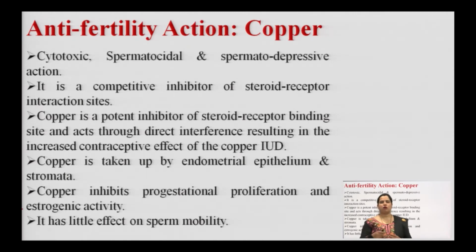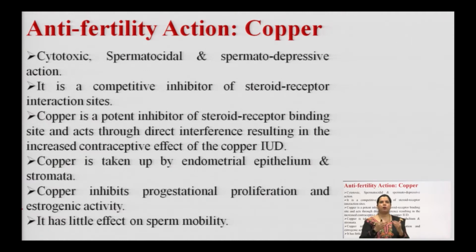Copper is taken up by the endometrial epithelium, the layer of the uterus, and the stroma, the second layer. So, the endometrium takes up this copper and there the copper starts showing its effect. Copper inhibits progestational proliferation and estrogenic activities, which are phases in the menstrual cycle and are necessary for fertilization.